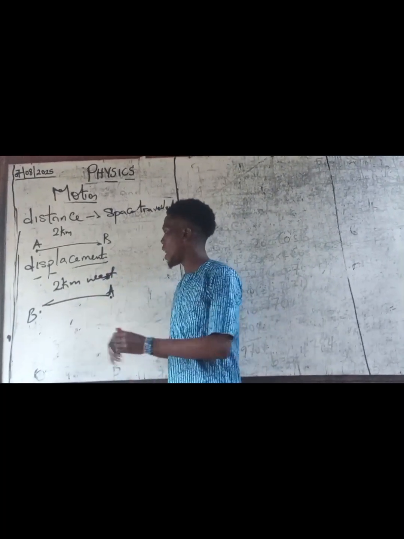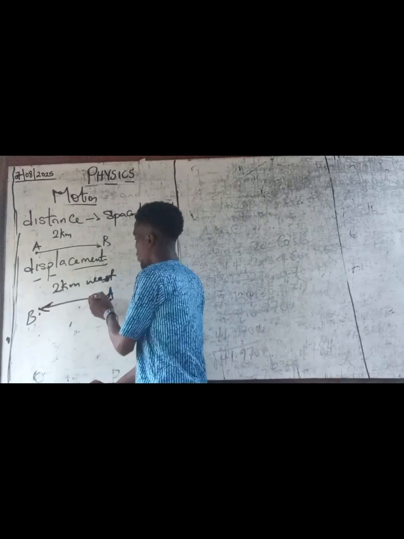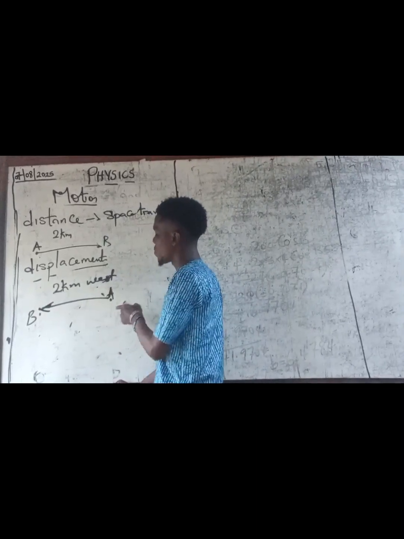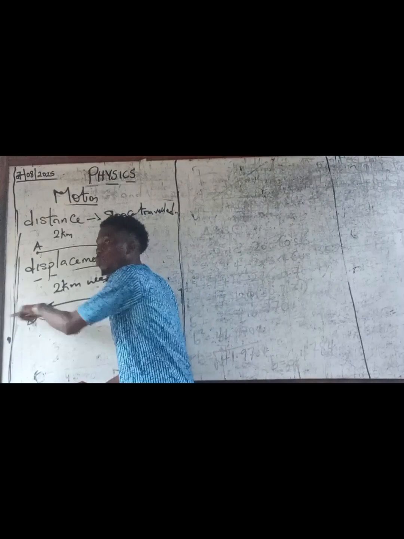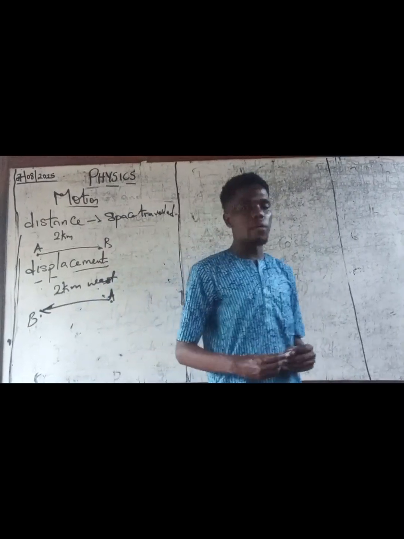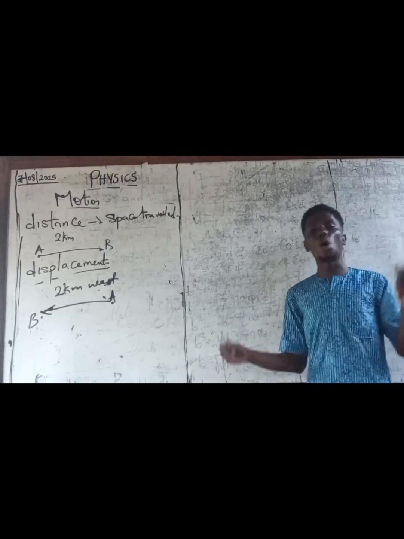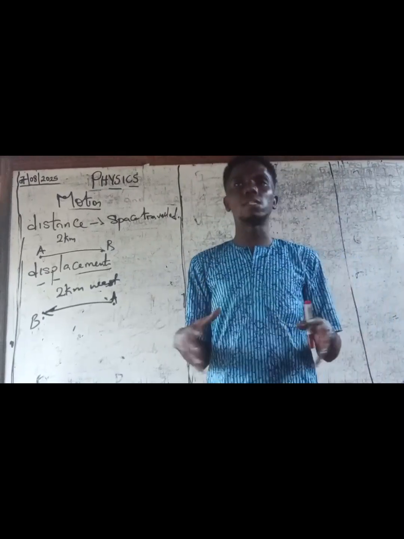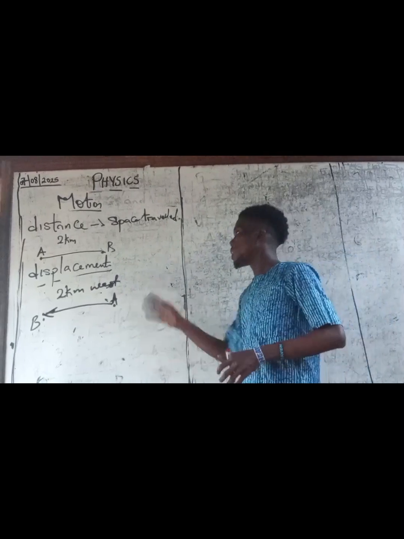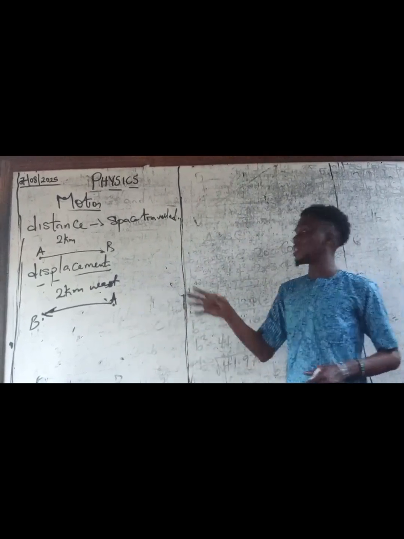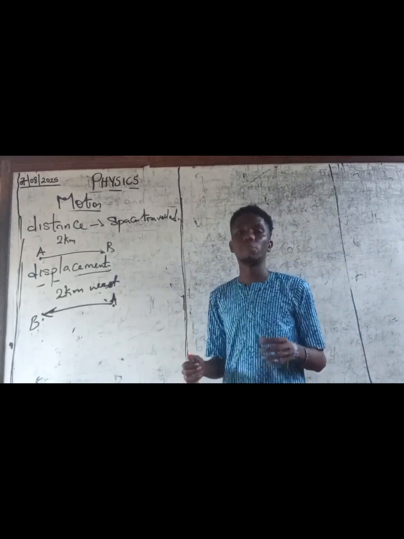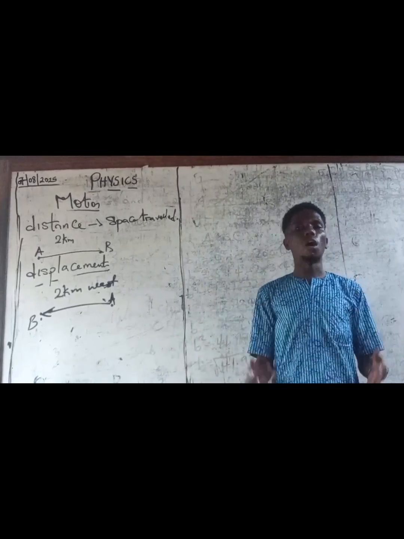Why am I drawing the arrowhead in this direction and not here? Because the direction was specified: I started from here and then moved in the westward direction. So this is displacement. Displacement direction is always specified. Please take note of that. Although they are measured in the same unit, that doesn't make them equal to each other.